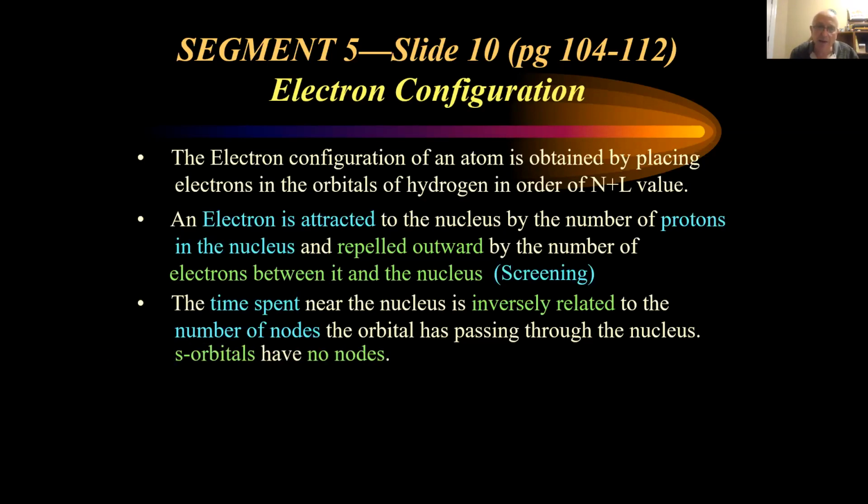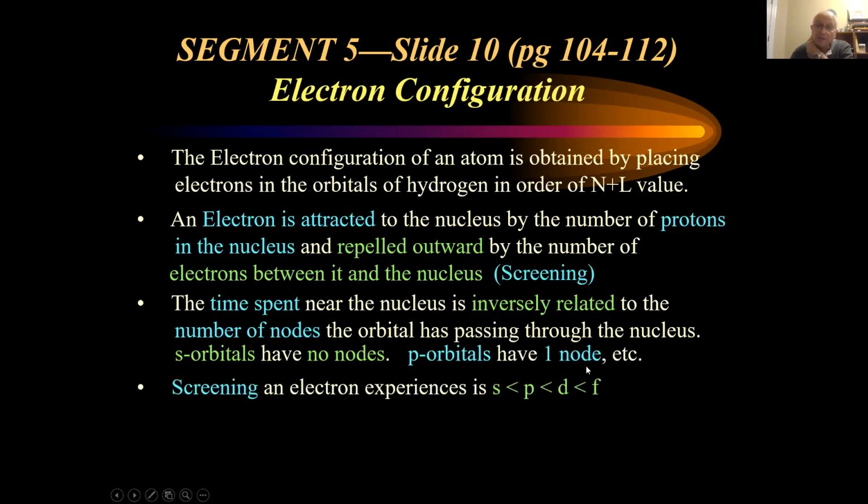So that can give us a pattern for the screening. s orbitals have no nodes, and p orbitals have one node, and d orbitals have two. So the electrons outside are not going to feel that as much. So you've got s, p, d, and f as the order of the screening, in the same way that the nodes appear.